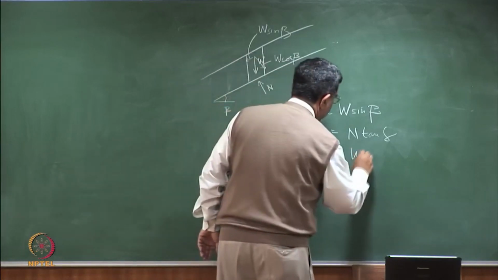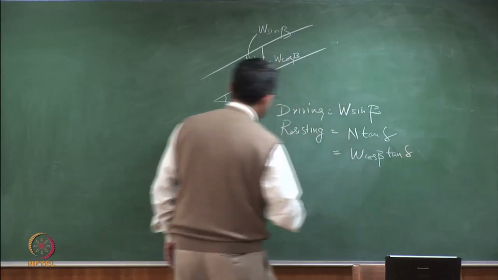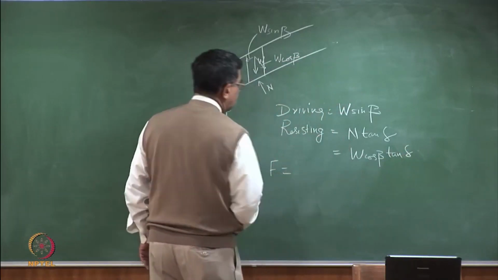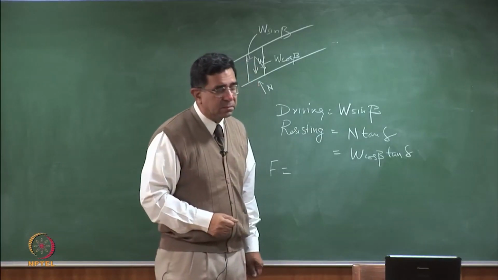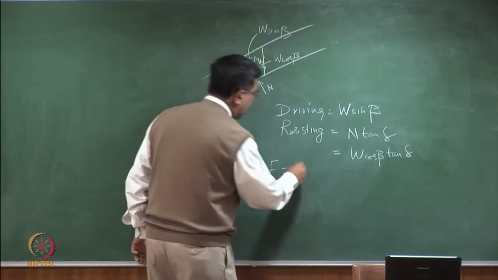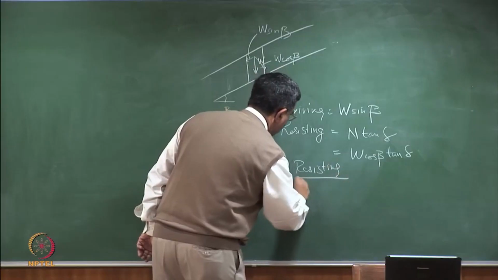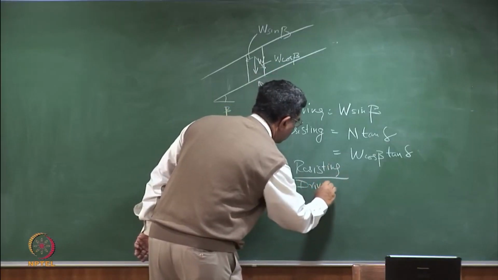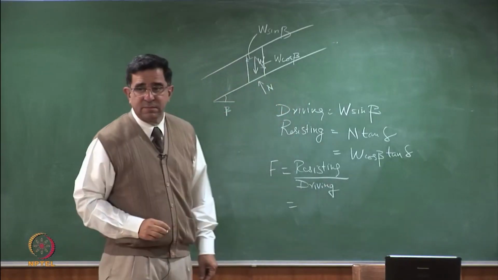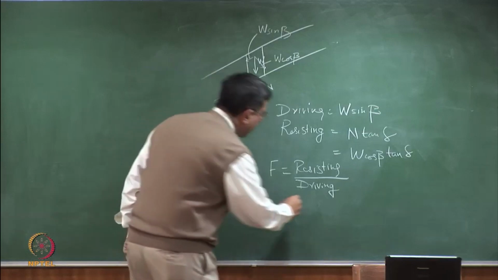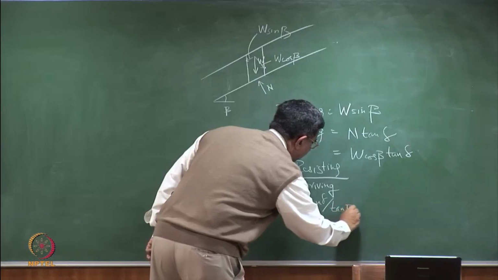So factor of safety is equal to resisting by driving, and what does it become in this case? Tan delta by tan beta.